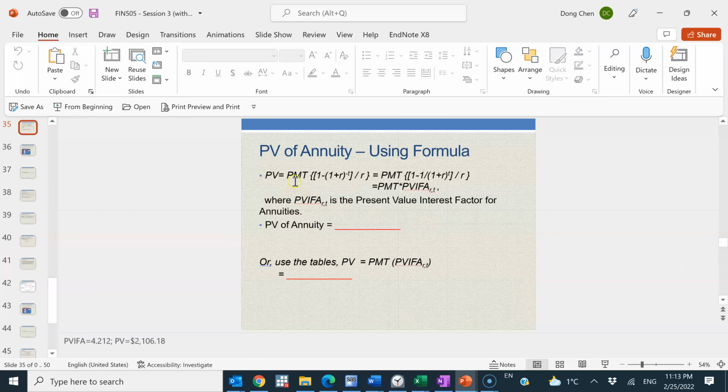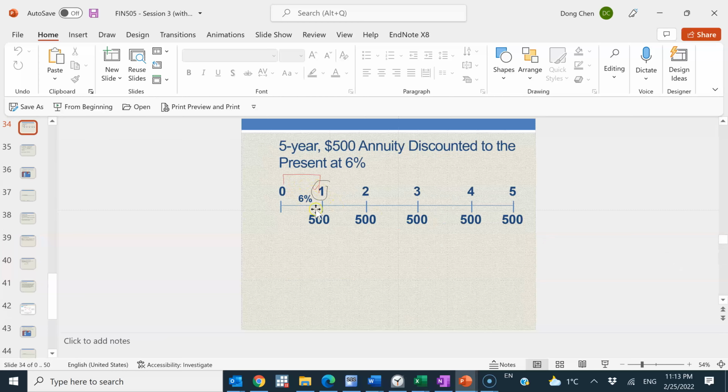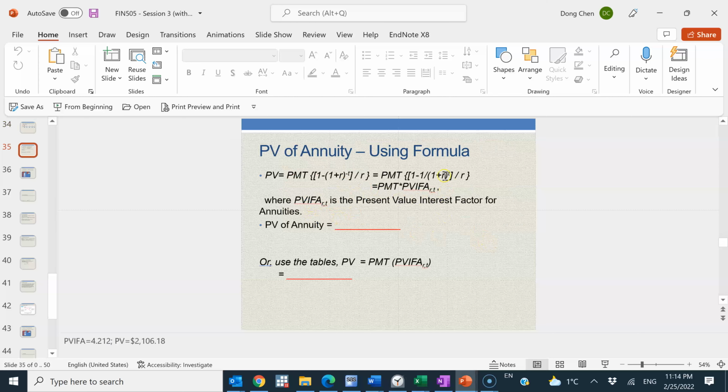The context for this formula is a 5-payment annuity. Notice that we are calculating the present value at time 0, but the first payment is at time 1, so relative to 0, it occurs by the next period. That's what we call an ordinary annuity. So this formula is only applicable to an ordinary annuity. That's the first thing we need to understand.